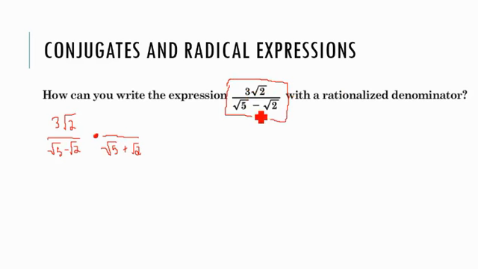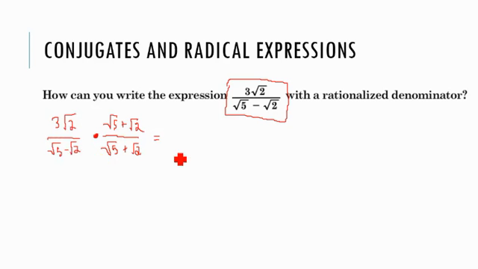As long as I multiply this expression by 1, I'm good. So I'm going to multiply it by the square root of 5 plus the square root of 2 over the square root of 5 plus the square root of 2. So essentially that equals 1, and I'm not changing the value of this expression at all. That's important: whatever you multiply the denominator by, you have to multiply the numerator by.